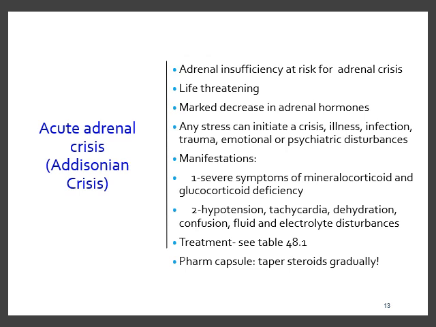Treatment. I want you to see table 48.1, which is on the next page, 941. Emergency medical care for acute adrenal crisis: blood sample collected would be an intervention, then intravenous IV infusion of normal saline with dextrose.